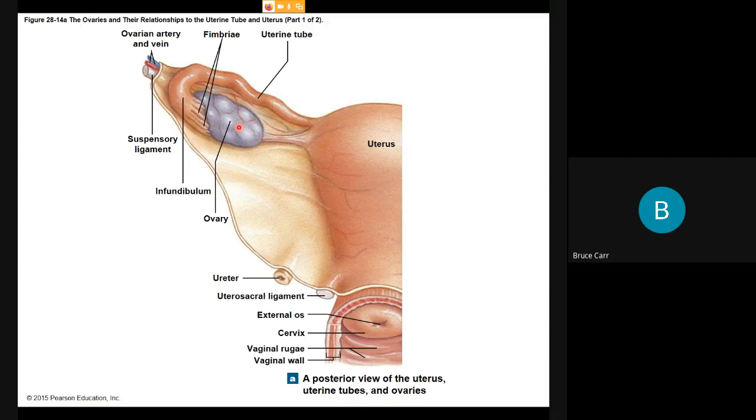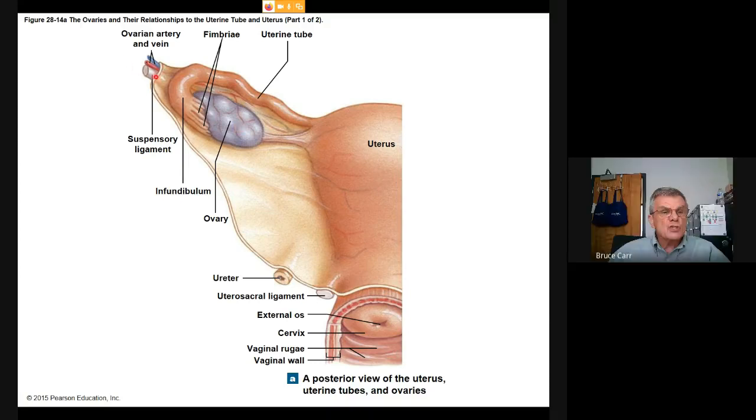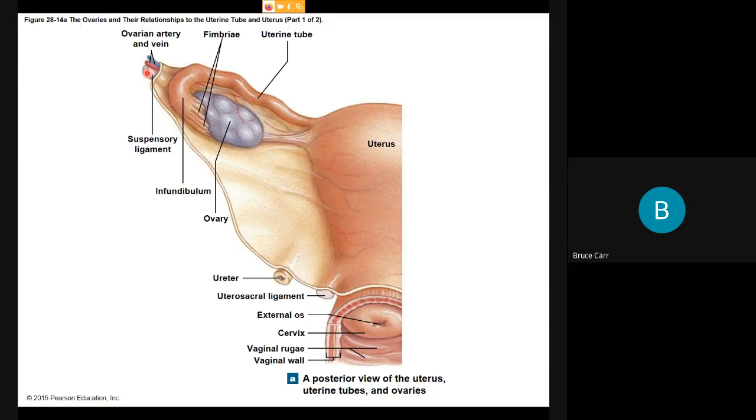Now, with this anatomy that's in front of you, you see one of the suspending loops. So here is the suspensory ligament. Basically, you can imagine at this end up here, it being attached to a pelvic bone. Notice how the ovarian artery and vein are running along it for structural support.